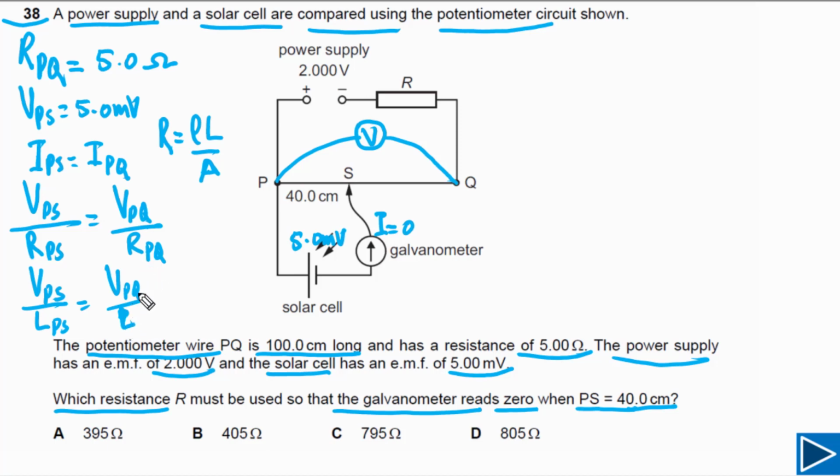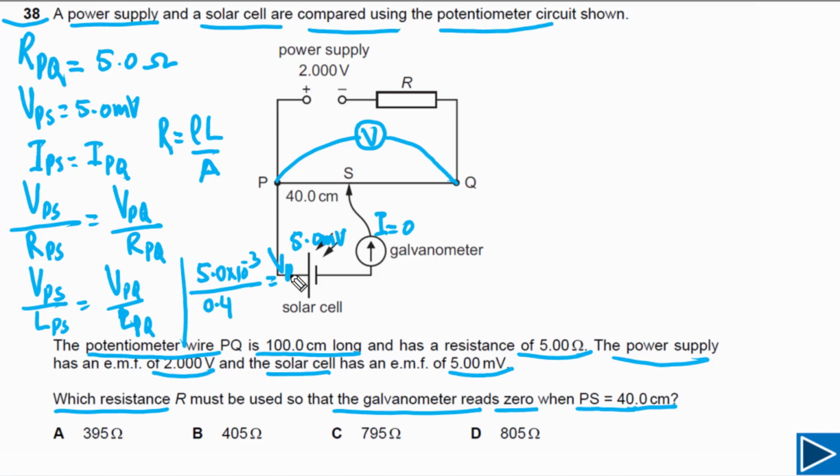So we can replace RPQ with LPQ because we have the value of L. So VPS is 5 millivolt, so I will write down here, this is 5 times 10 to negative 3 divided by the length of this one. So this is 40 centimeters. Simply we can say this is 0.4 meters.